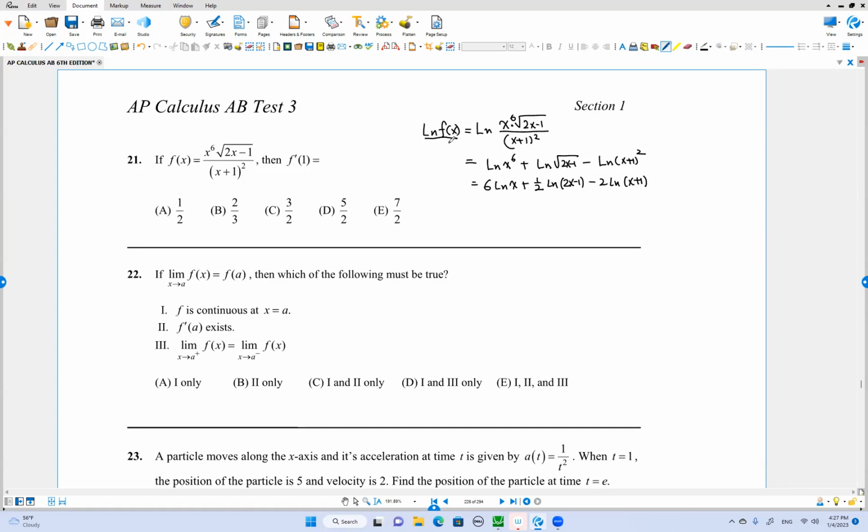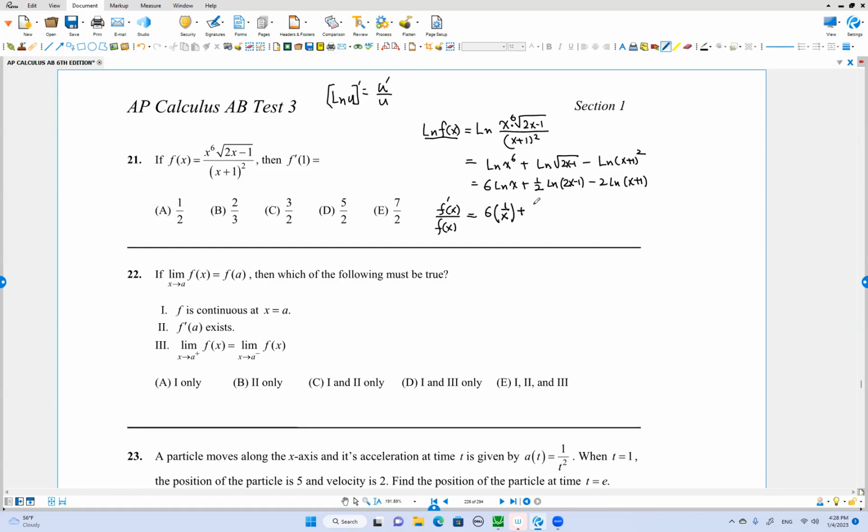What is the derivative of ln f? It is f prime of x over f of x, isn't it? You remember, ln u prime is u prime over u, right? So f prime over f. Now take the derivative of 6 ln x: 6 times 1 over x.